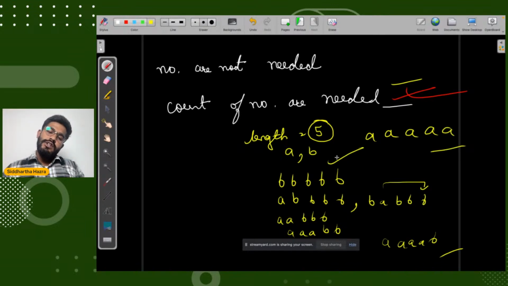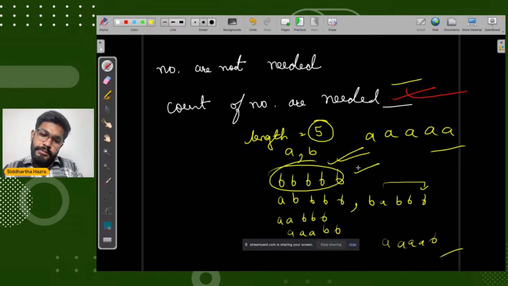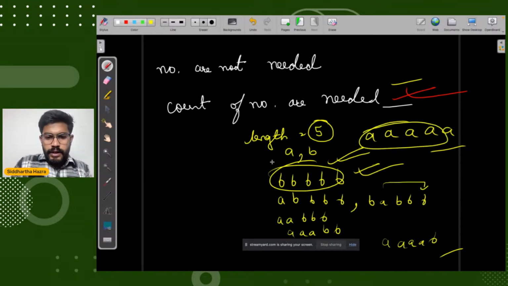So this looks like we don't really need to build up these numbers. We just need to count. So suppose the sum of this would be b multiplied by 5. Sum of this would be b multiplied by 4 plus a.